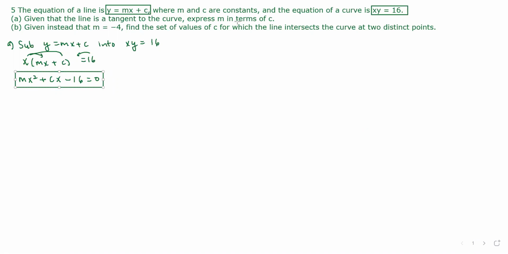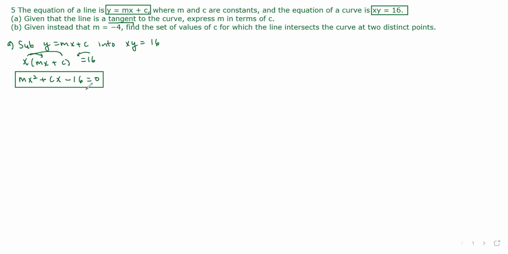To write m in terms of c, take note that the line is tangent to the curve. When the line is tangent to the curve, there is only one point of intersection, meaning that this quadratic must have only one value of x.